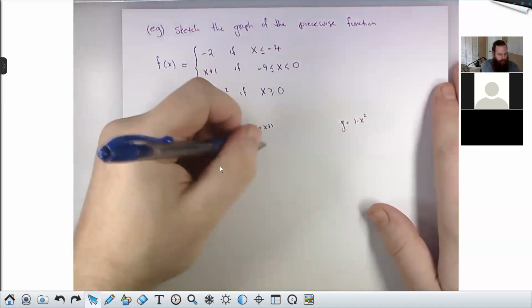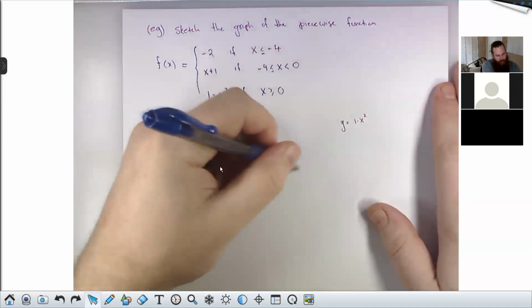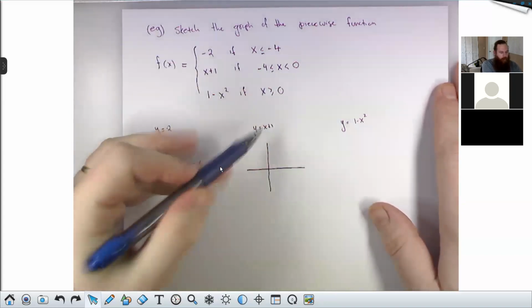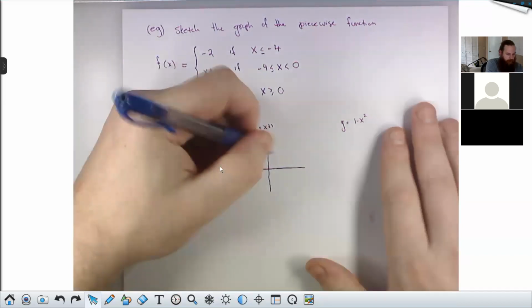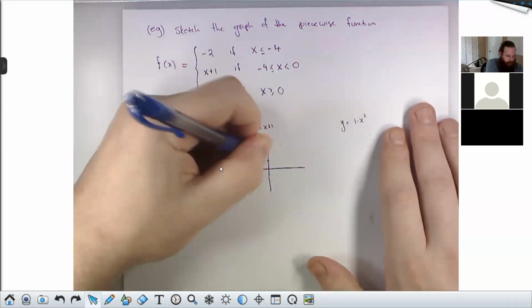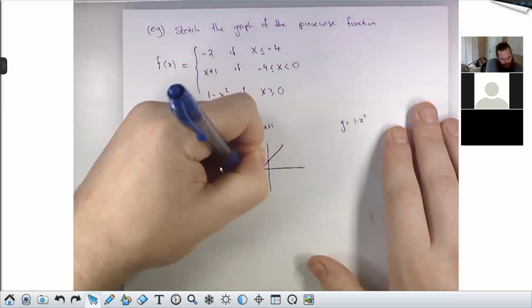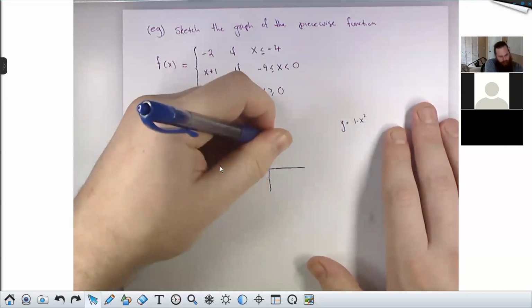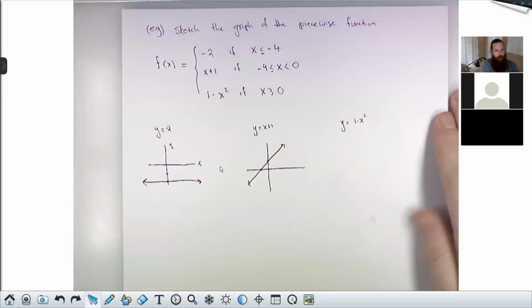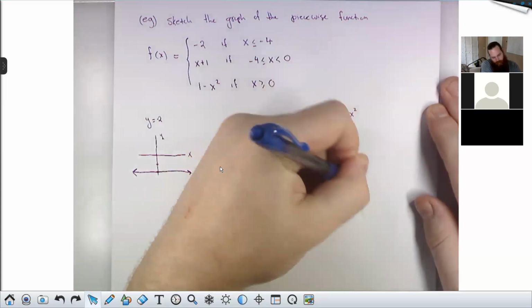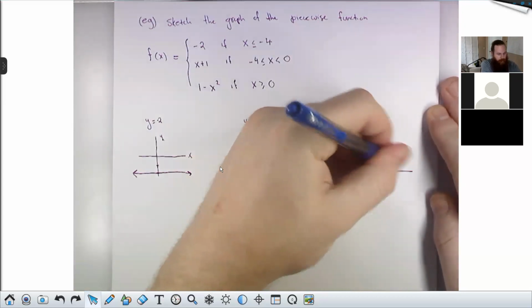Y equals x plus 1. That's a linear function whose slope is 1 and whose y-intercept is 1. So he looks like, we go through here, we go through here. He looks like this. And 1 minus x squared, that's a parabola opening down whose vertex is at 0, 1.